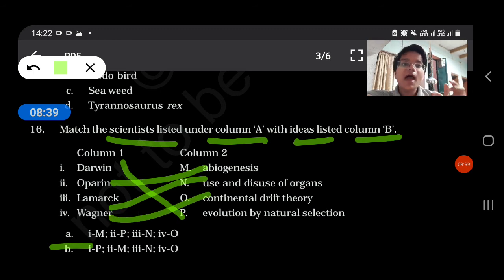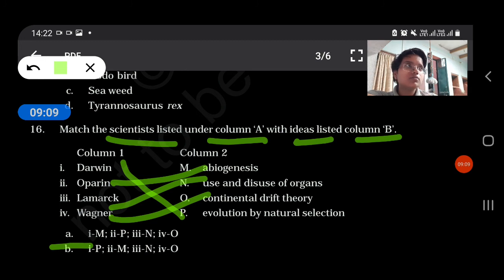Darwin has given evolution by natural selection, Oparin has given abiogenesis, and Lamarck has given use and disuse of organs, as in giraffes bearing long necks because they graze on tall trees.